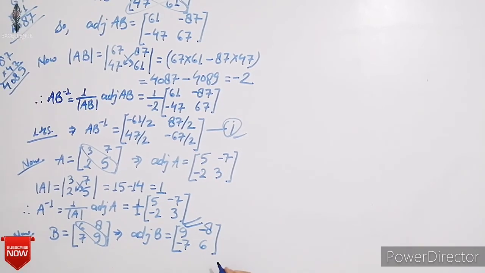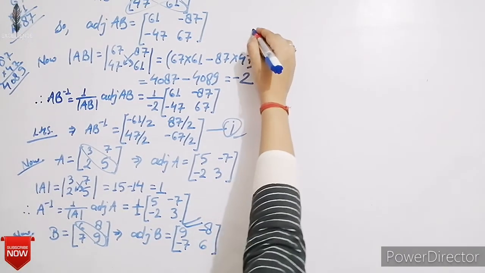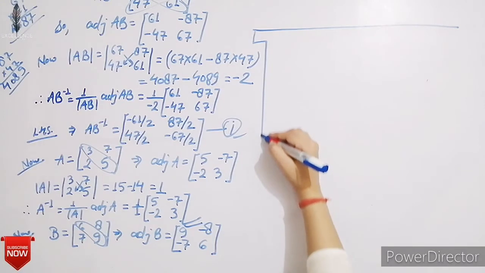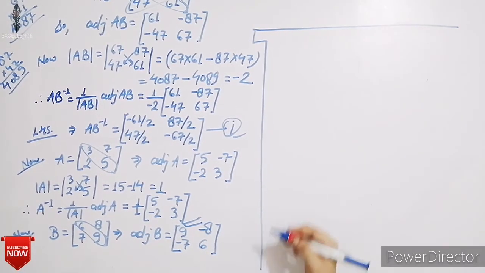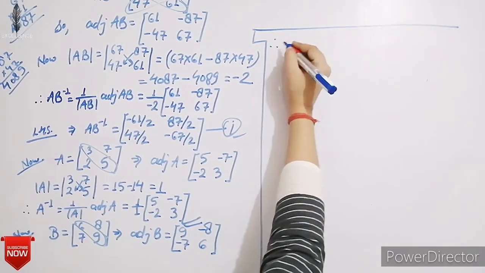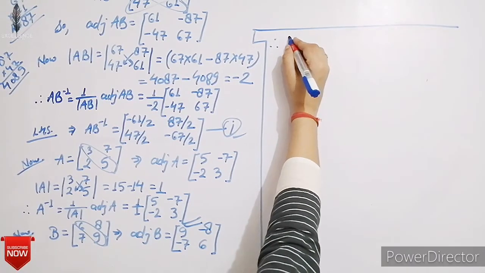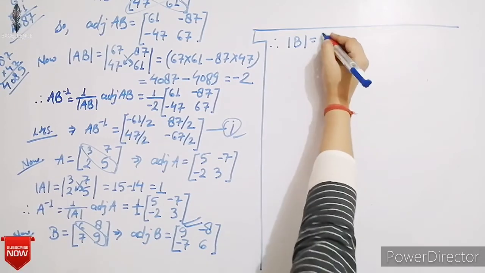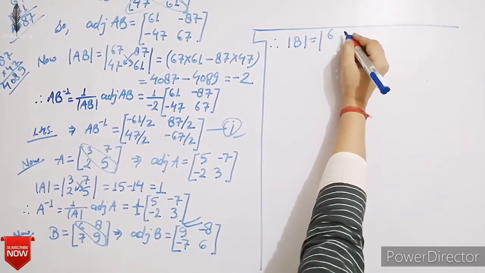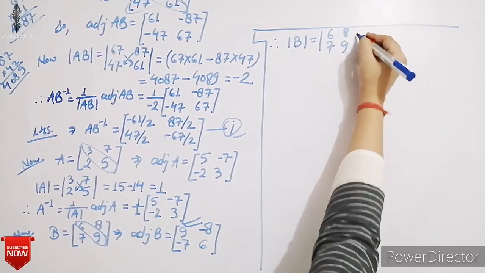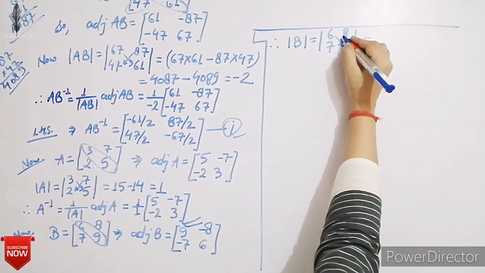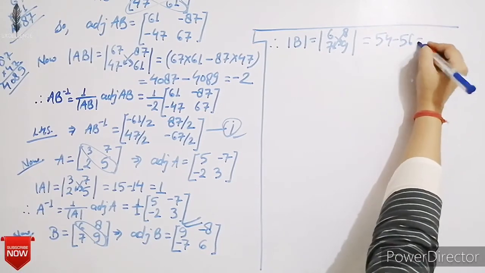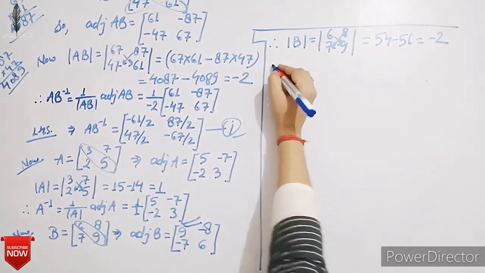And its determinant value: the determinant of B is the determinant of 6, 8, 7, 9, that is 9 into 6 minus 8 into 7, that is 54 minus 56, which equals minus 2.